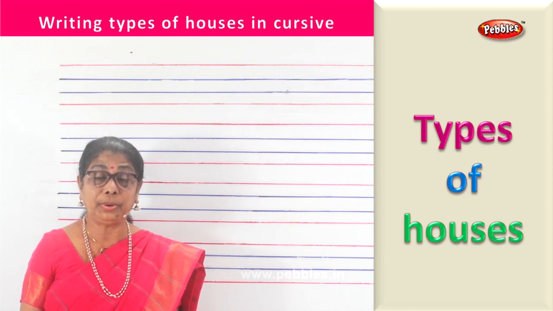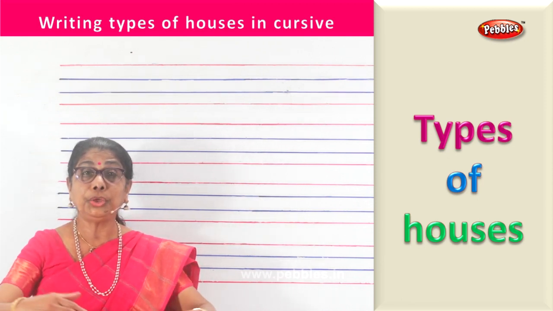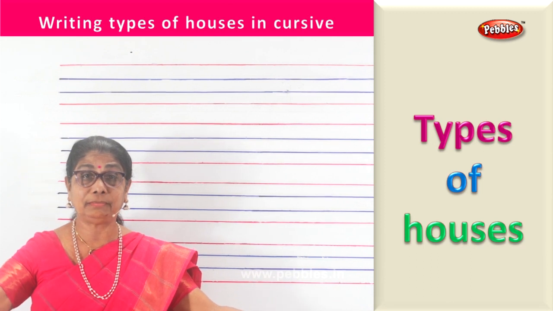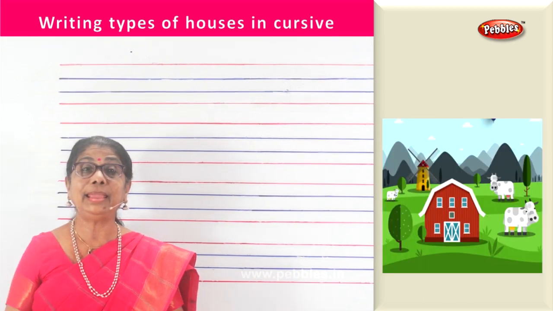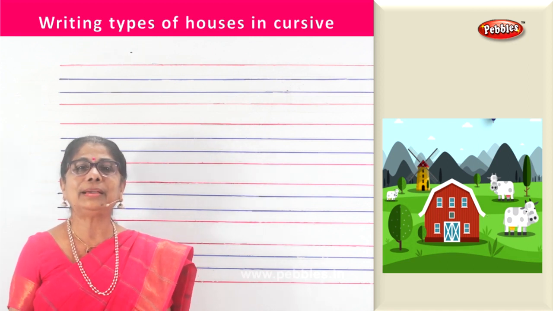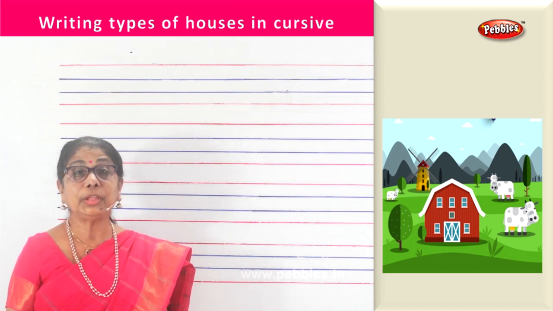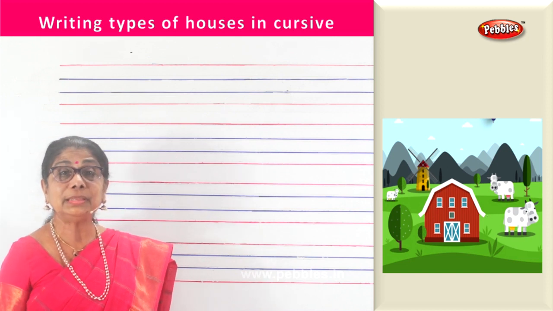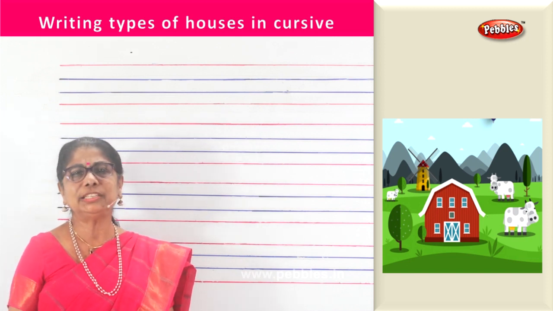Let's look at another set of houses. Now, some people buy a huge piece of land, and in that land they cultivate vegetables, they grow animals, they will have a pond, all kinds of things.